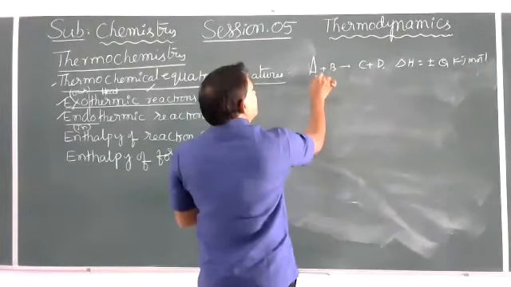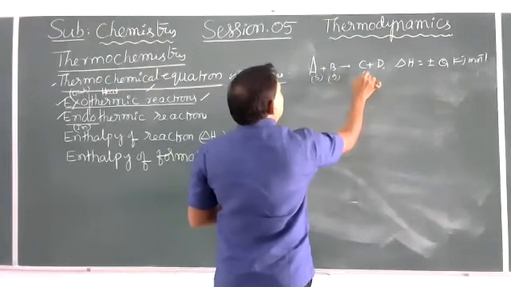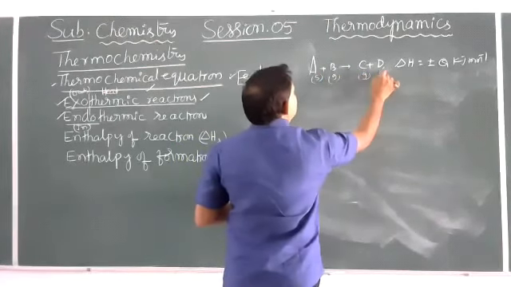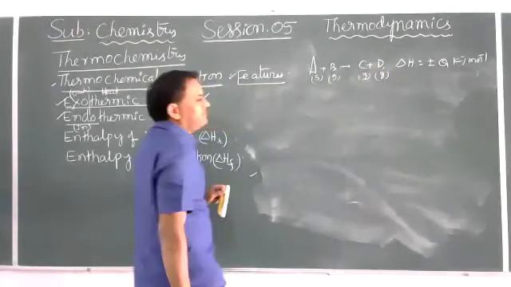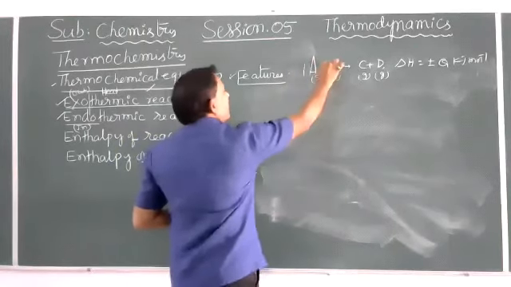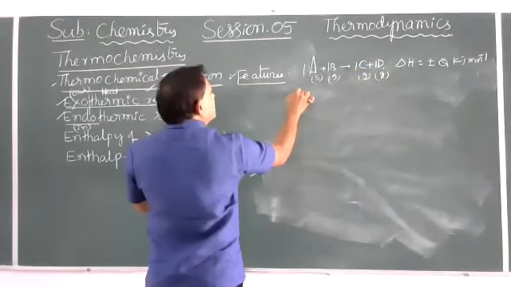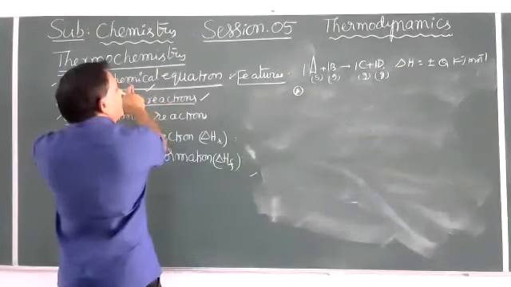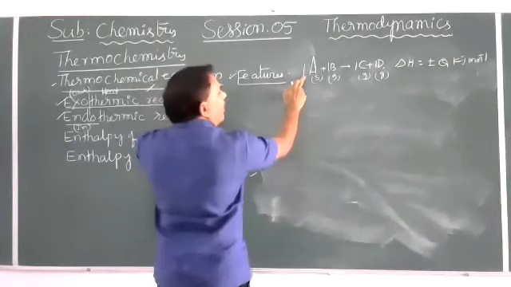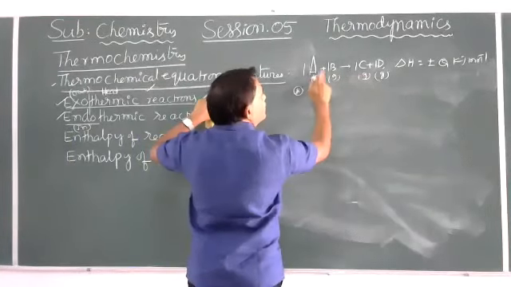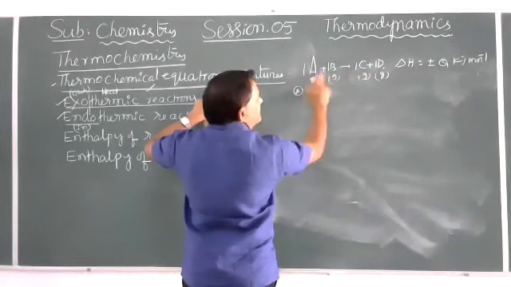Each species may be a solid or a gas. Here it is a gas. Here 1 mole, 1 mole, 1 mole, 1 mole. Your first feature is that the thermochemical equation indicates the physical state of each and every participant present in a reaction.